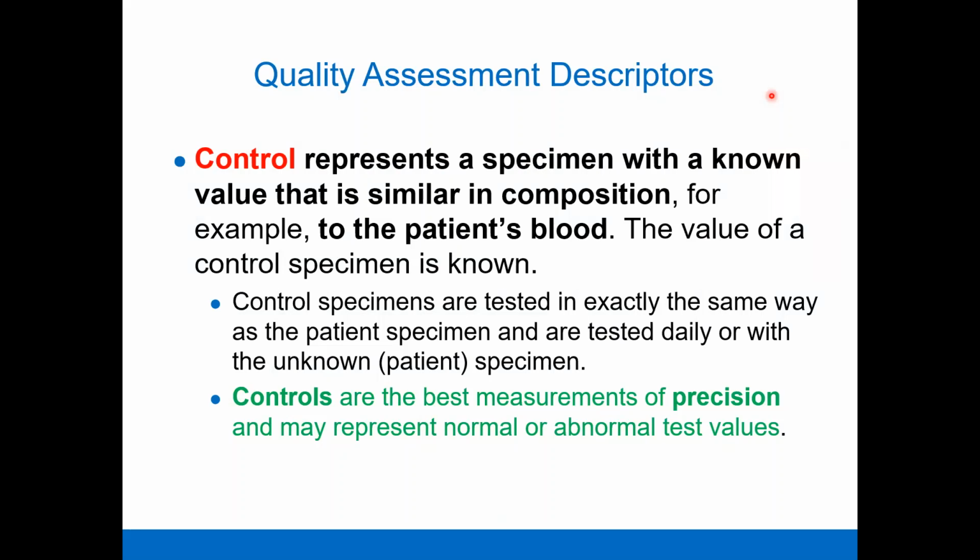Okay, we are using control serum in the clinical laboratory standards, and calibrators, and control represents a specimen with a known value that is similar in composition to the patient's blood. And controls are the best measurements of precision.